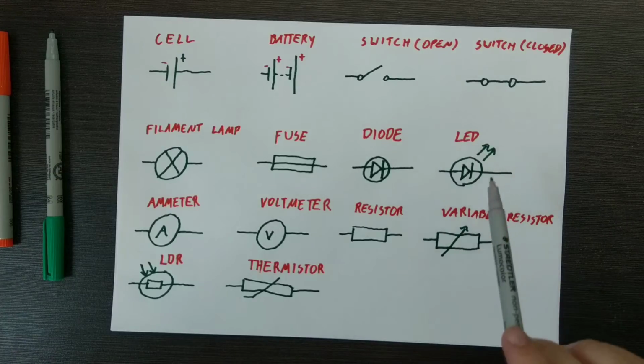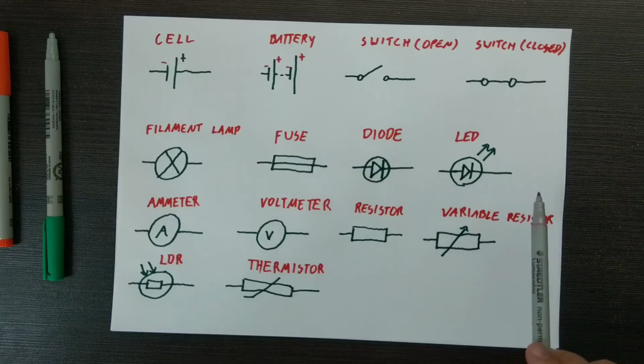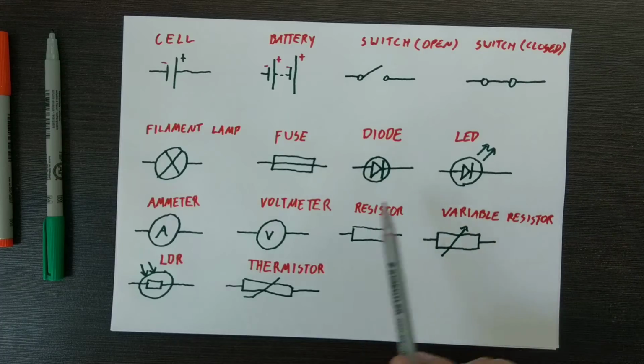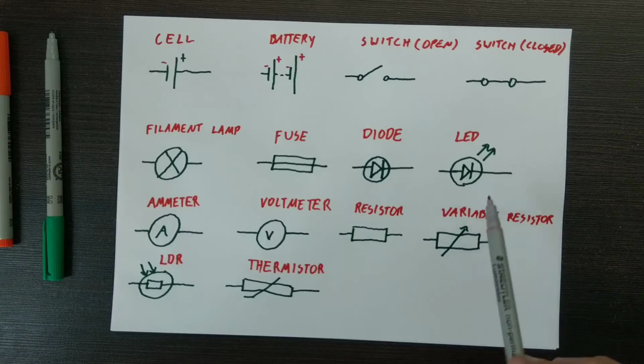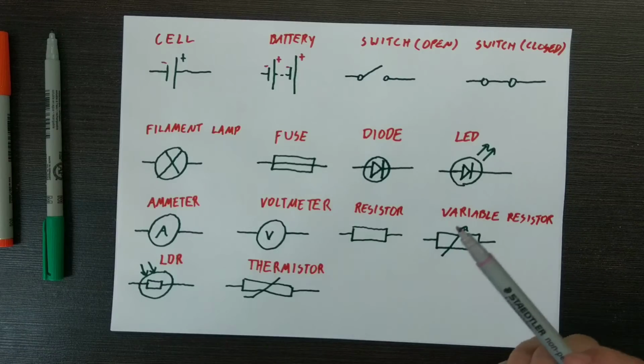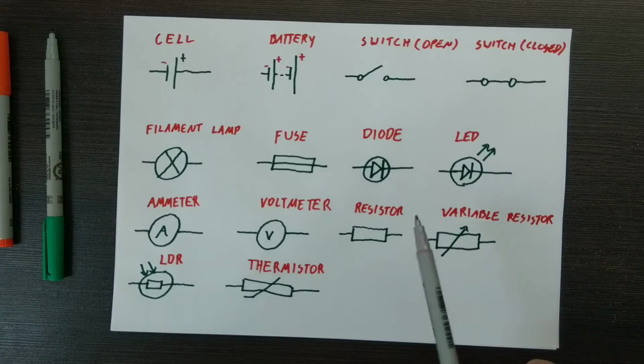Now, LED is short for light emitting diode. So again, it's a diode that ensures flow of electricity in the correct direction, but it also emits light. It's a little bulb, essentially, that emits light. You can often see those in various electric devices.